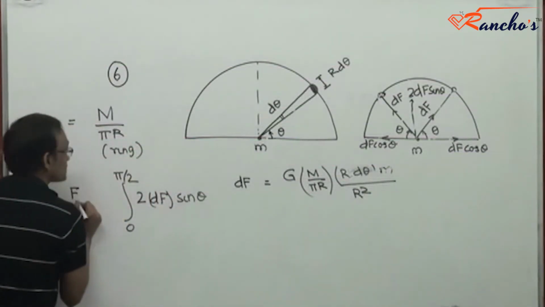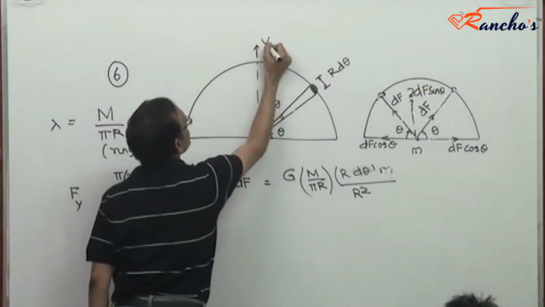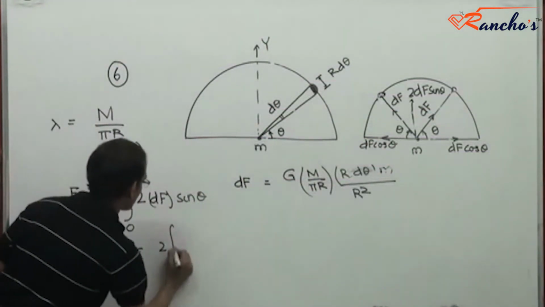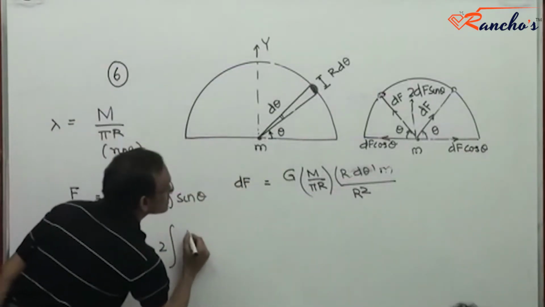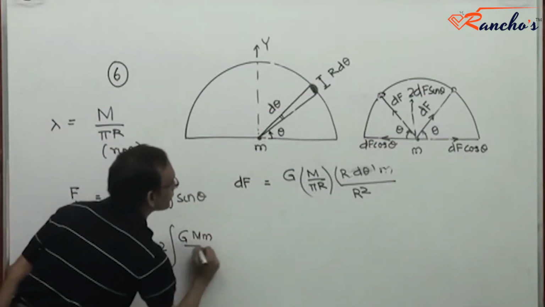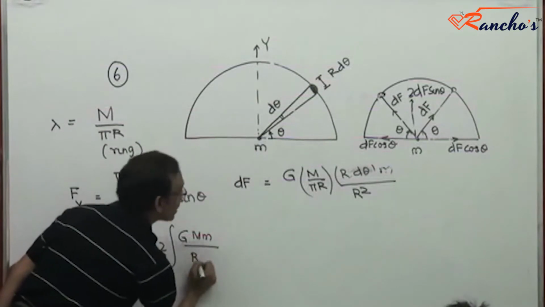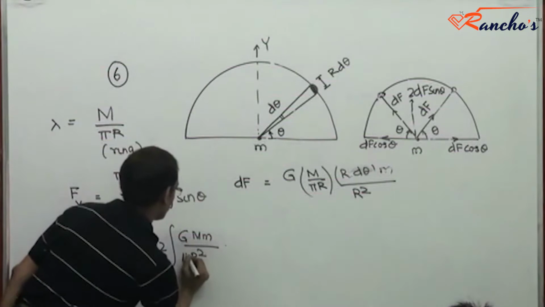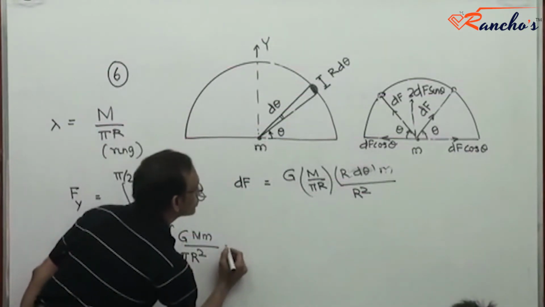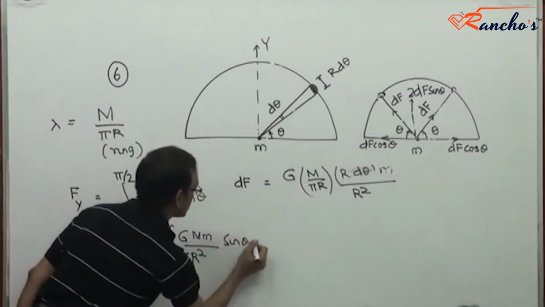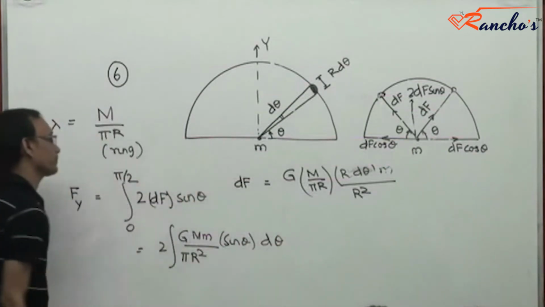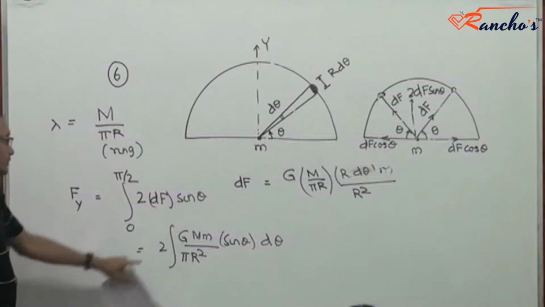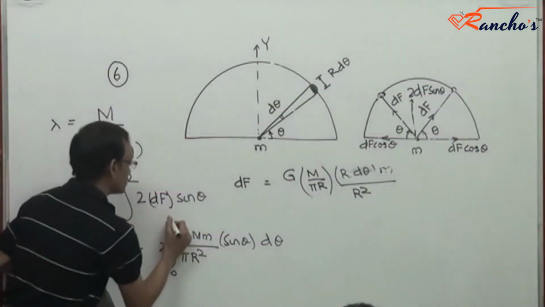So that's the force, let's say, in the y direction. Net force in this direction, attractive, is 2 times G m m by pi r squared, sin theta d theta, where theta runs from 0 to pi by 2.